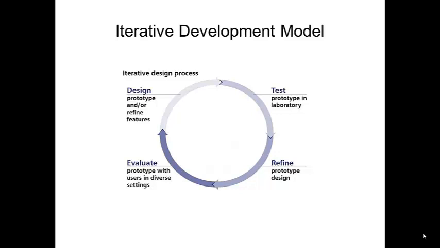So you turn into an iterative development model whereby you're constantly designing, adding new functionality, testing that functionality, ultimately refining your design, putting it out to your users, evaluating it. You end up in a circle.